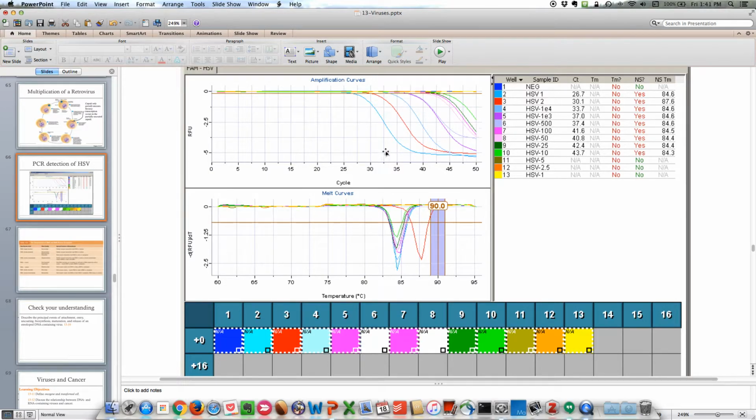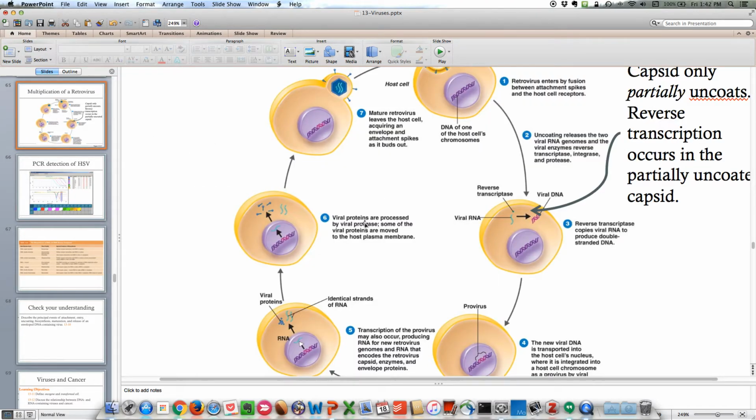Now, HSV is actually a DNA virus. For the Zika virus outbreak that's currently ongoing, a very similar test is being carried out, but before the amplification of Zika virus DNA can take place, we actually need to use an enzyme that we borrowed from a retrovirus. This reverse transcriptase you can now buy and use in just a test tube type of reaction.